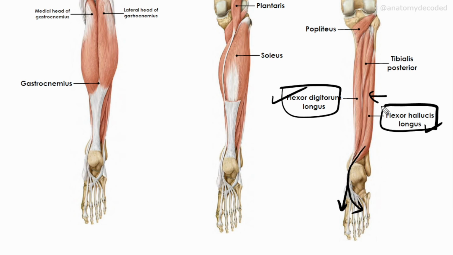Fibula is the lateral bone, but this tendon crosses and goes medially towards the great toe. So in their course, flexor digitorum longus and flexor hallucis longus cross each other. The medial bone is giving attachment to the muscle which is going laterally. The lateral bone is giving attachment to the muscle which is going medially.